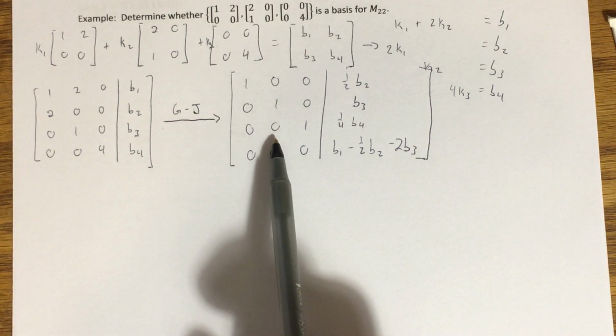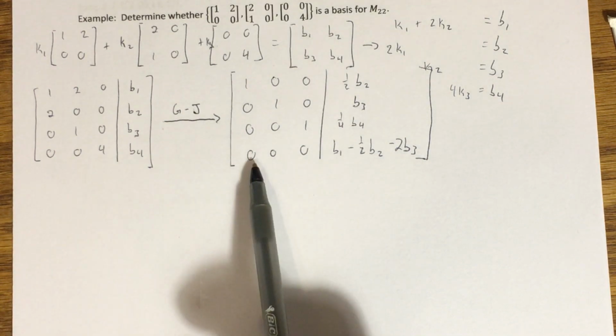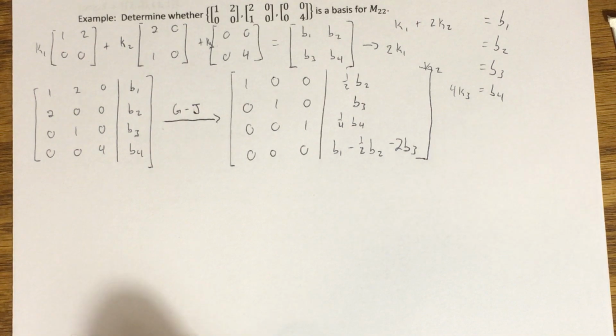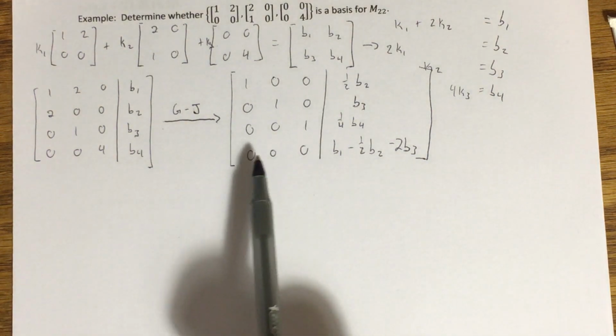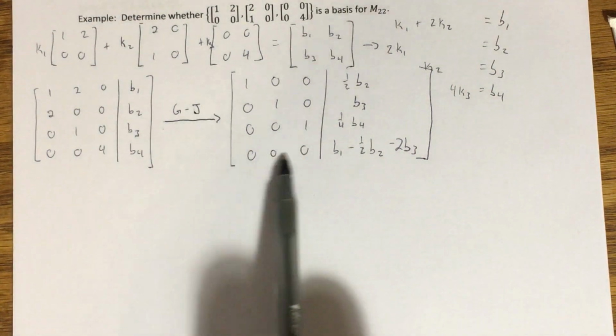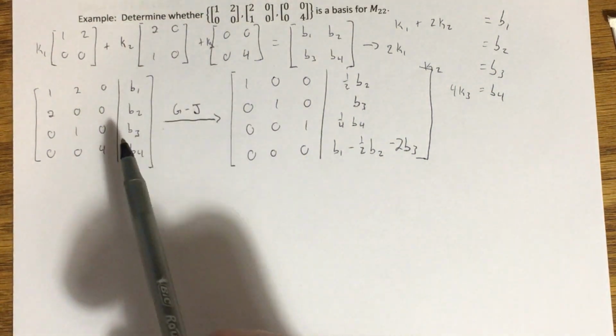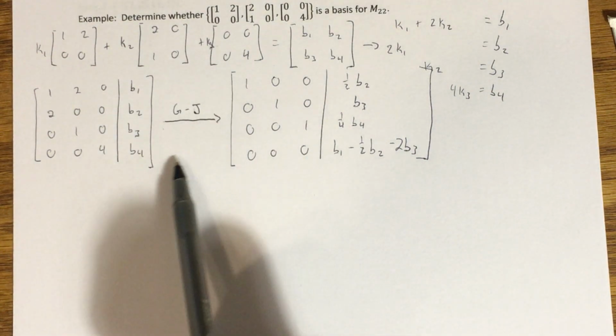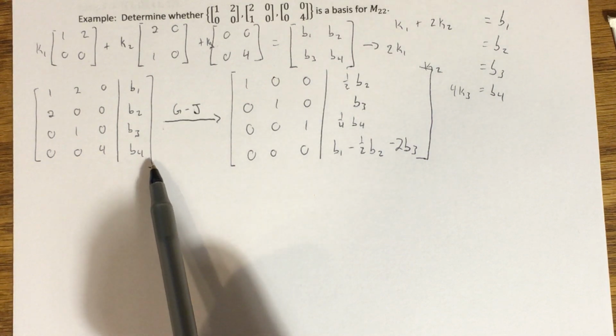But one important thing to notice about this augmented matrix is that when you're putting it in reduced row echelon form, you're guaranteed to get a row of zeros down here somewhere, right? At least one row of zeros, and that's what we're seeing right here. Why does that have to happen? Well, it's because I have more equations than I do unknowns for this system.